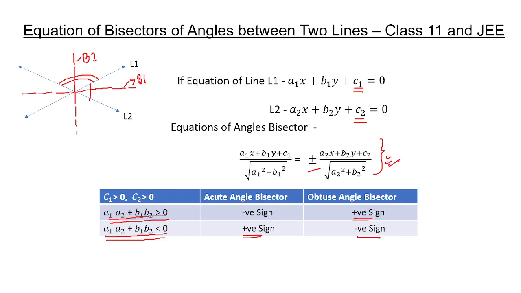If we multiply both the signs, it should be negative. Then it is the acute angle bisector. If we multiply the sign of a1a2 plus b1b2 and the sign taken in this formula, and if the product is positive, then that will be the equation of the obtuse angle bisector.